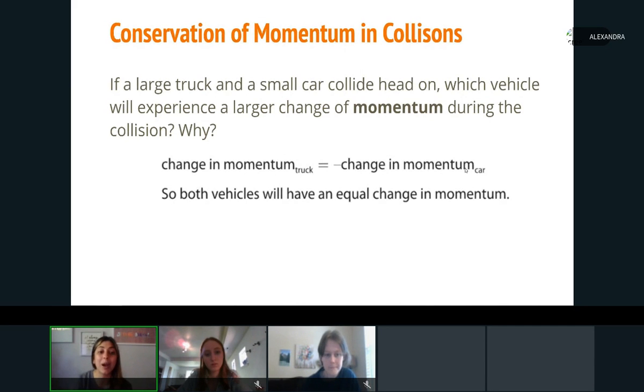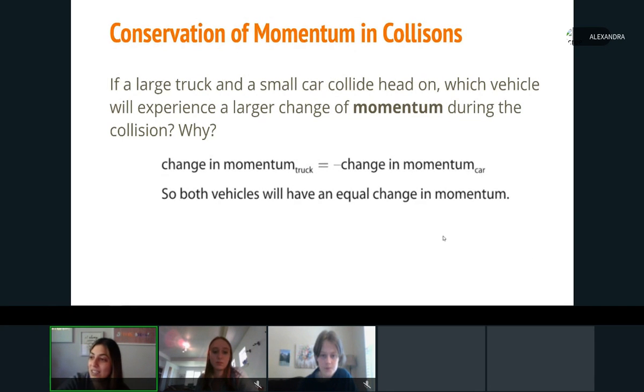But remember, it's all the same system. So it's just a transfer of momentum. It's the same amount, but now one has a little bit more momentum and the other one has a little bit less momentum. That makes sense? Okay.